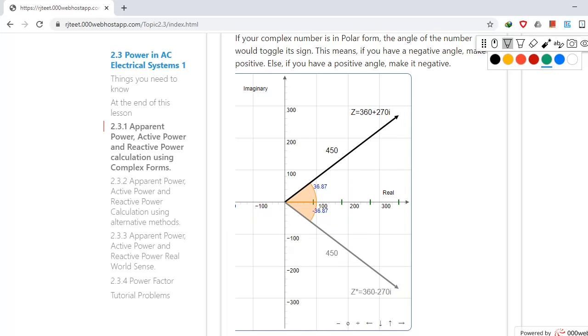And there's another thing you should notice, that if you find the conjugate of z, and then you find the conjugate of that one, you would get again the same z value, this one.